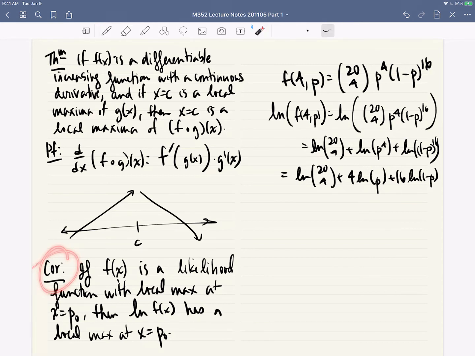This corollary says the maxima of this function are the same as the maxima of this function. So we're going to take the derivative of this and set it equal to 0 and differentiate with respect to p because that's our variable. So the derivative of this constant is 0.